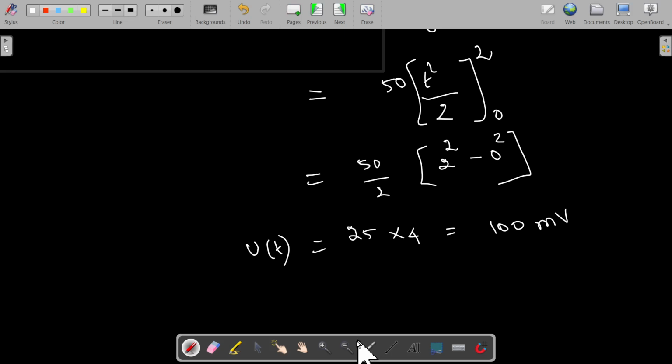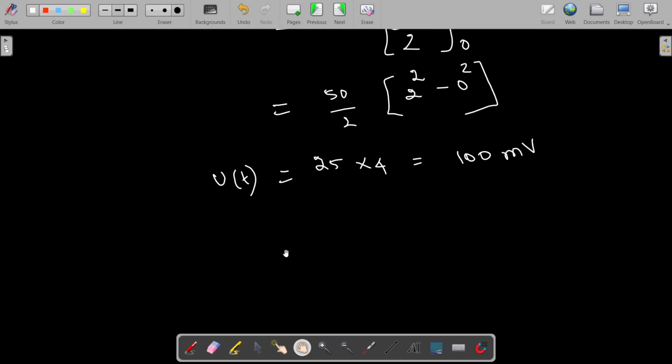So in this, something tricky is to be understood by you: how to put this unit, that is important. In the integration, you have the variable which is to be integrated, that is nothing but i of t. We are going to integrate it with respect to time, so it is dt, right? For this, you need to find out the given unit, whether it is amperes or milliamps.